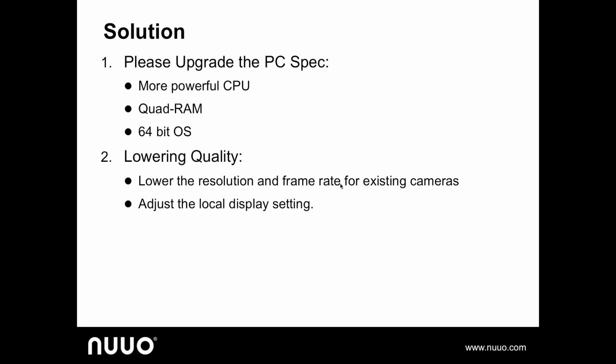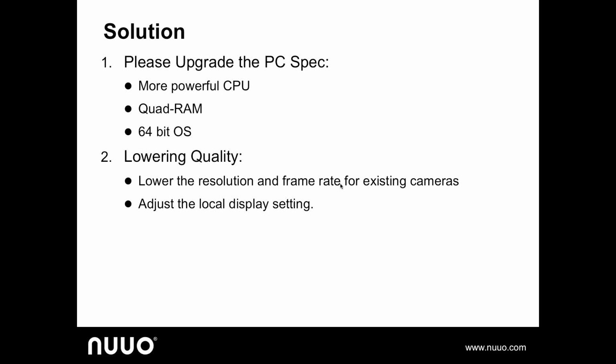And if he is not able to upgrade the PC spec, then he can go to the second option to lower the quality. First, we'll suggest the customers to lower the resolutions and the frame rate for the existing cameras.